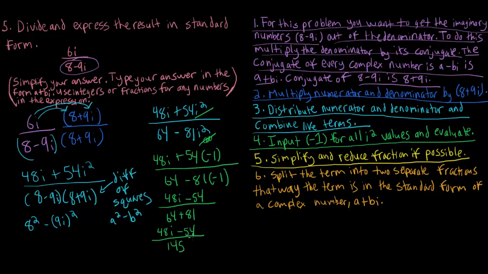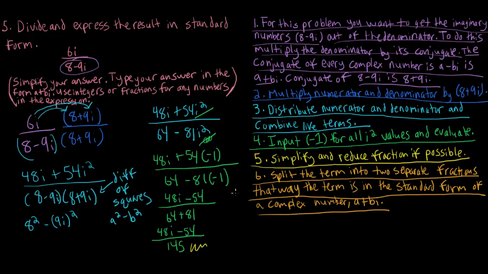Well, 48i minus 54 over 145 doesn't simplify, so we can't reduce it anymore. So then we move to step 6, which is to split the term into two separate fractions. That way the term is in the standard form of a complex number, a plus bi.